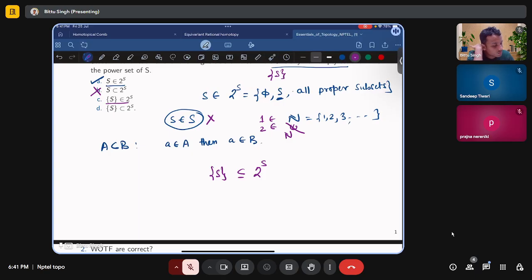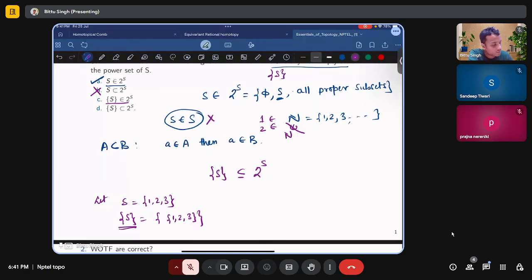So for example, let me give an example. Let s equal to this {1, 2, 3}. So if we put another bracket, then it will look like bracket of bracket 1, 2, 3. So this thing is actually new.